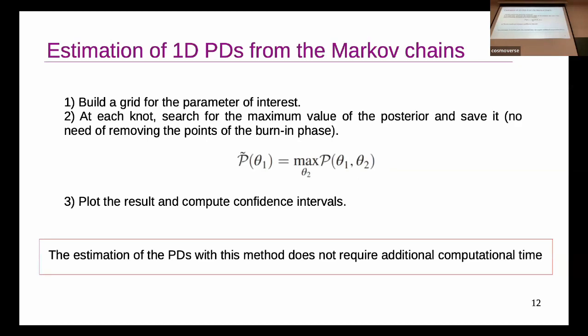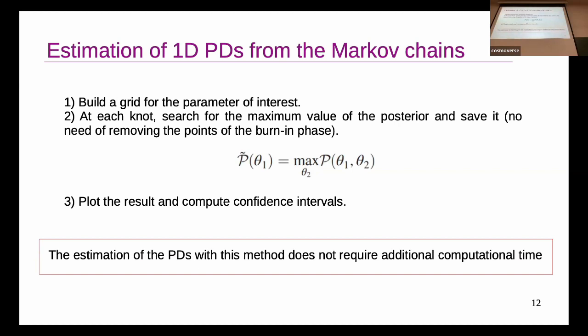The answer is yes. So this is the method that needs to be applied if we want to estimate the one-dimensional PDs from the Markov chains. We need to build a grid for the parameter of interest, and in each node search for the maximum value of the posterior and just save it. So you don't need to remove the burn-in phase or whatever. The larger the amount of points, the better, actually.